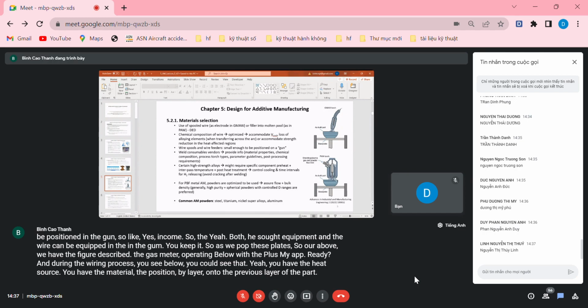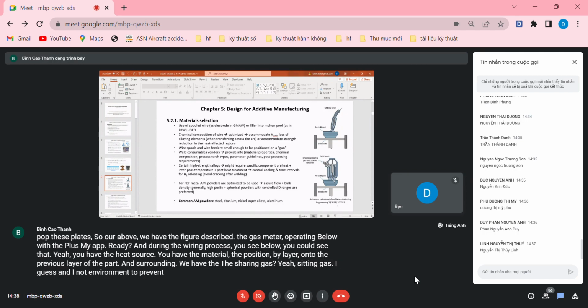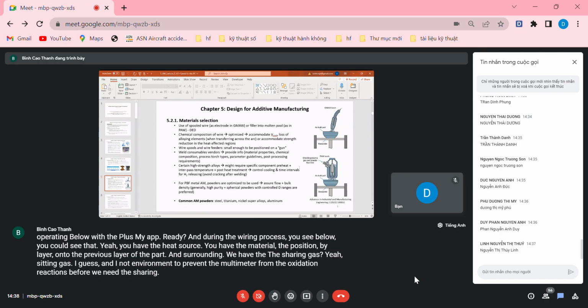Surrounding it we have the shielding gas, which acts as an inert environment to prevent the molten metal from oxidation reactions. Therefore, we need the shielding gas.